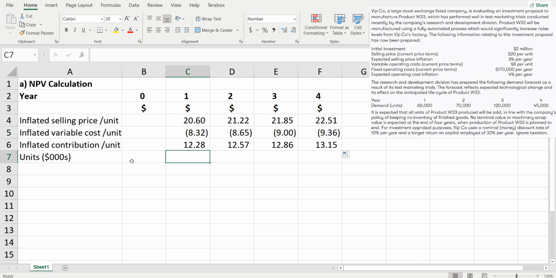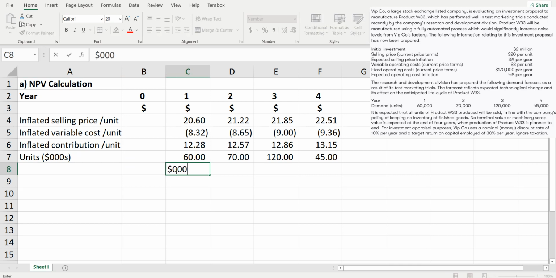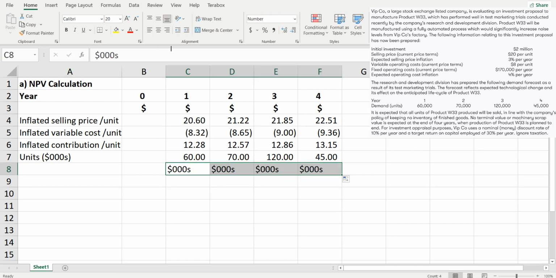We are taking 1000 in common, so 60, 70, 120, and 45 in here. Let's do 1000 in common from here on. And let's bold it or also center it to make it look nice.